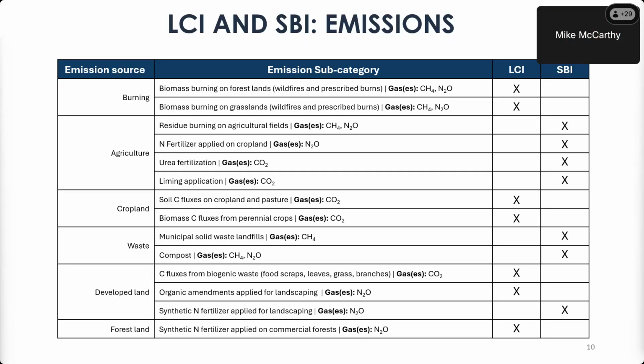I'm not sure what you mean by that. Those are separate gases, so they have different methodologies for accounting, and they're counted separately. But it would be part of the carbon stocks with CO2.